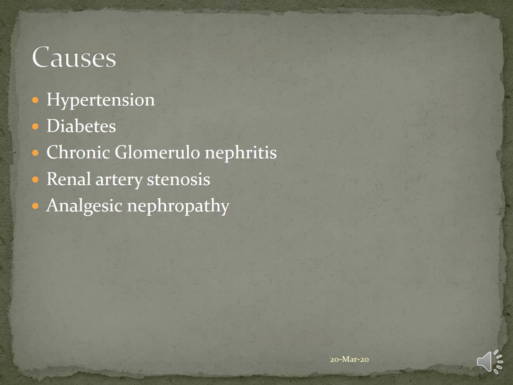So why is there chronic renal failure? The renal function rate is measured by glomerular filtration rate, which is around 120 ml per minute per 1.73 meter square of the human body. When it drops, because of multifarious reasons, to as little as 90 ml per minute per 1.73 meter square, then you call it chronic renal disease.